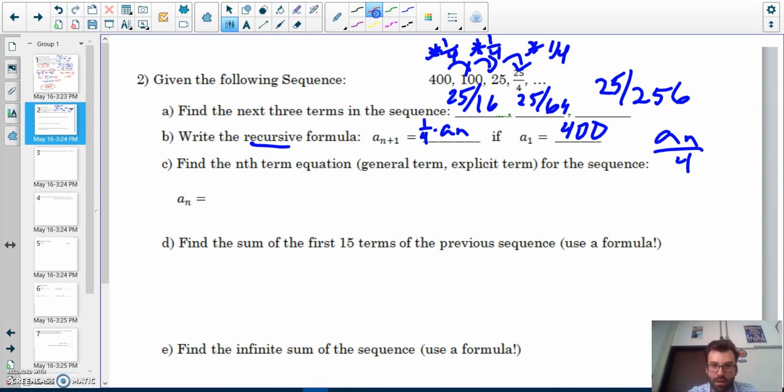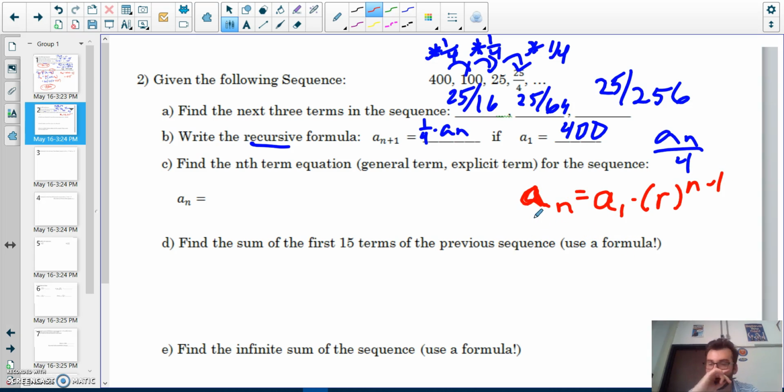Because remember, the nth term, the general term, the explicit term for a geometric sequence is a sub n equals a1 times my common ratio to the n minus 1.